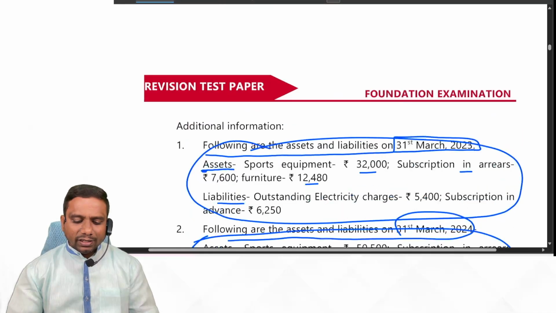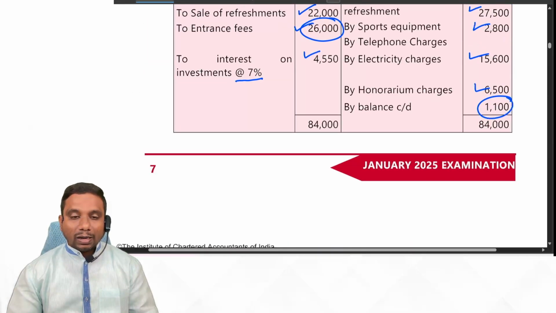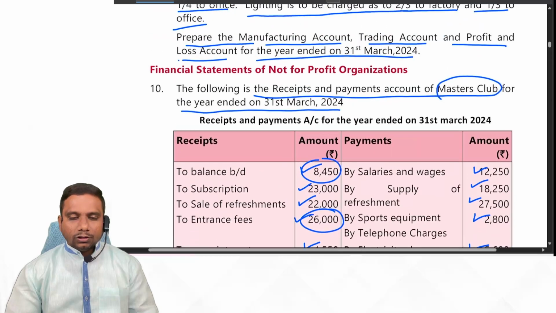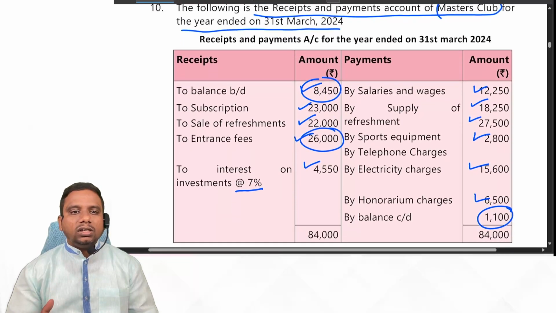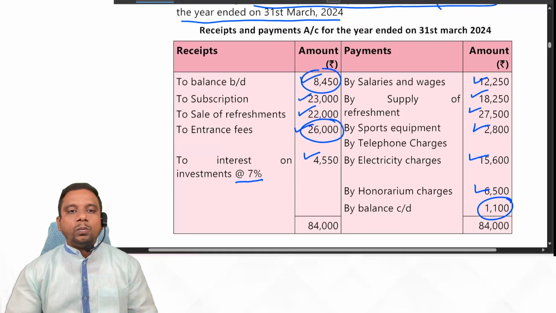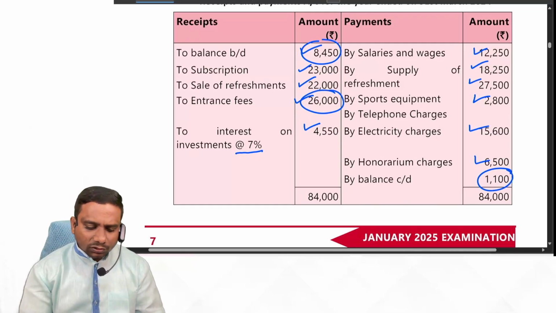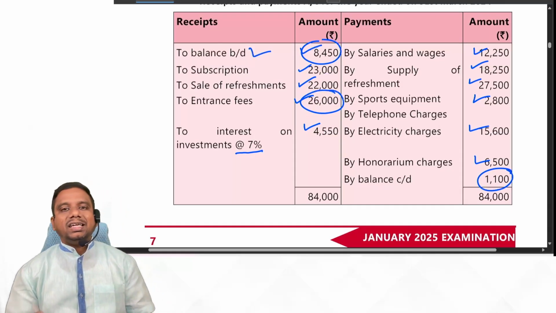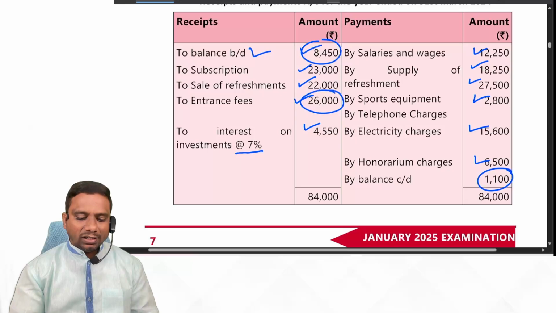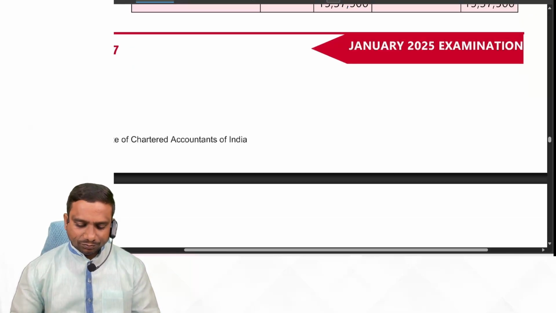You observe in the entire problem they didn't give any capital fund information. So obviously you have to calculate capital fund by preparing opening balance sheet. The difference between assets and liabilities becomes the capital fund, yes or no students? Take this balance to the assets side of balance sheet, opening balance sheet.